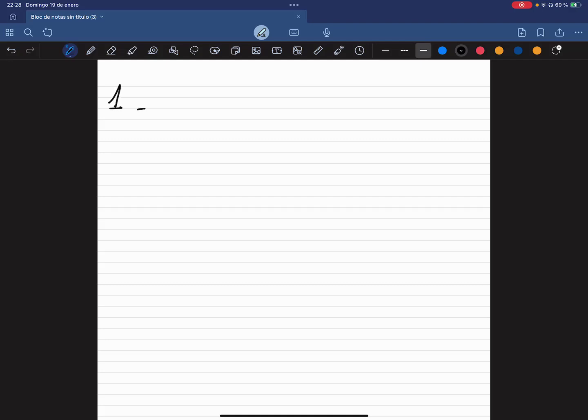For example, sentence number 1. I'm going to just give you random sentences using those 3 verbs. For example, this car is very expensive. We are describing the price of something, because for descriptions, we always use the verb ser.